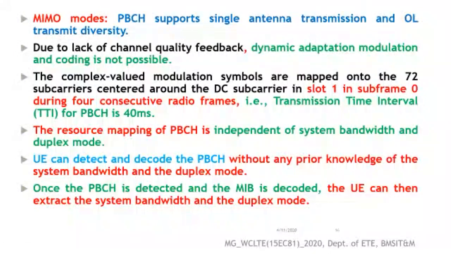Resource mapping of PBCH is independent of system bandwidth and duplex mode. So with that, user equipment can detect and decode the PBCH without any prior knowledge of the system bandwidth and the duplex mode. Once the PBCH is detected and the MIB is decoded, user equipment can extract the system bandwidth and the duplex mode.